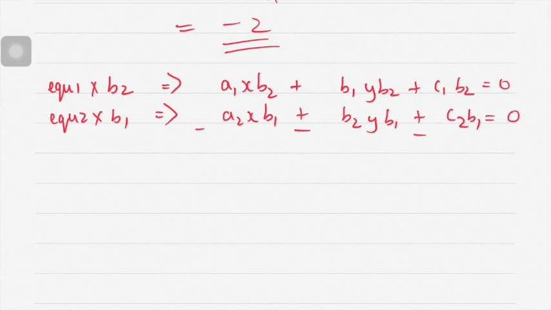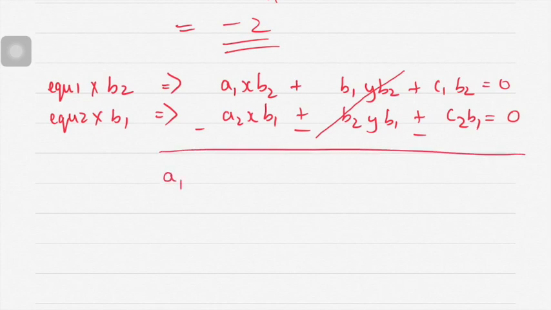I will subtract equation 2 from equation 1. My signs will change. This will become minus, minus and minus. Now b1y b2 minus b2y b1, it is one and the same thing. Correct? So this I can cancel.